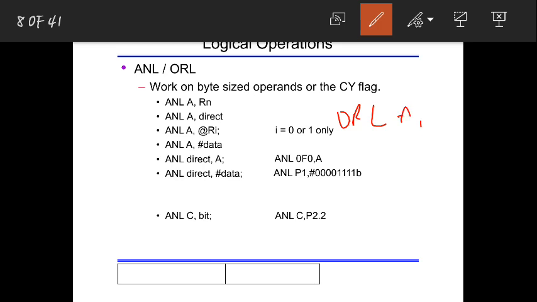ORL A comma R0. Here A will be loaded with some content and R0 will be loaded with some content.